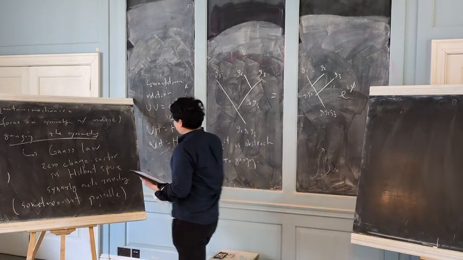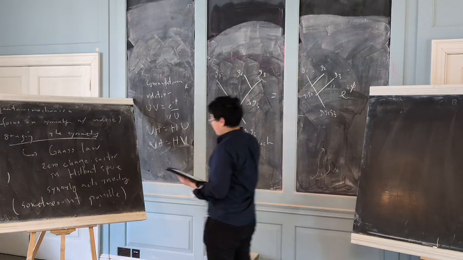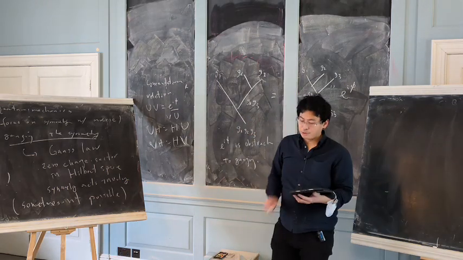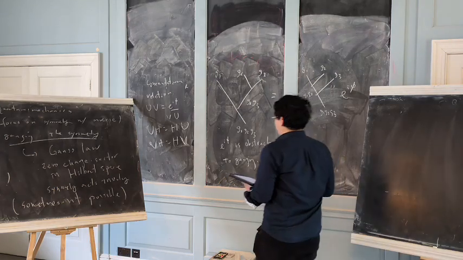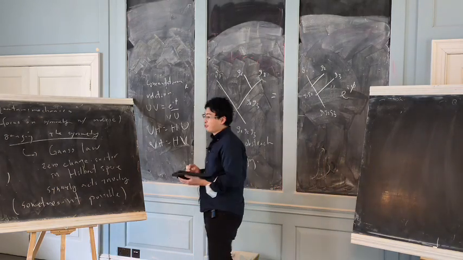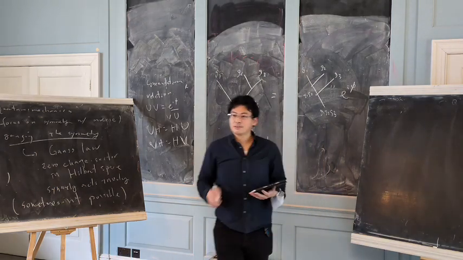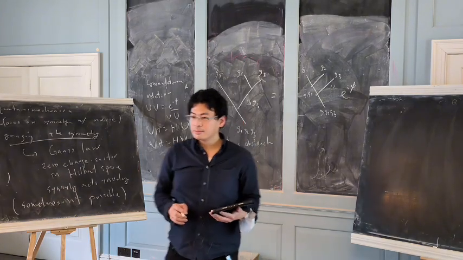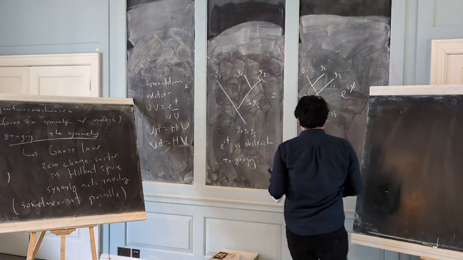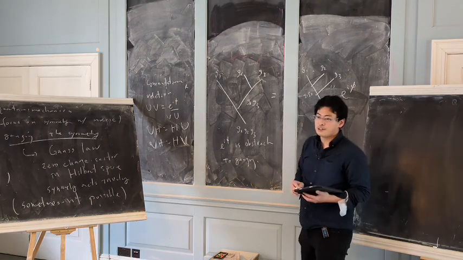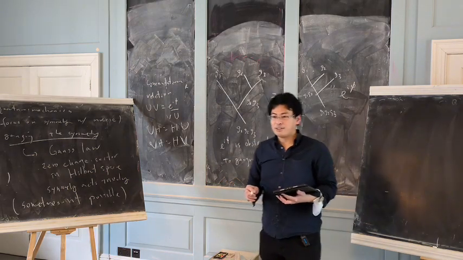Now, so far I've given you two examples of symmetries that you cannot gauge. Namely, it's not possible to restrict to the zero charge sector. For the discussion today, I'm going to focus on symmetry that has an inverse.